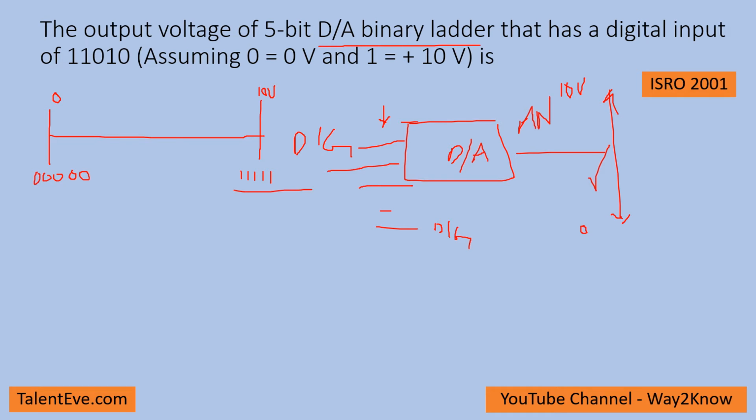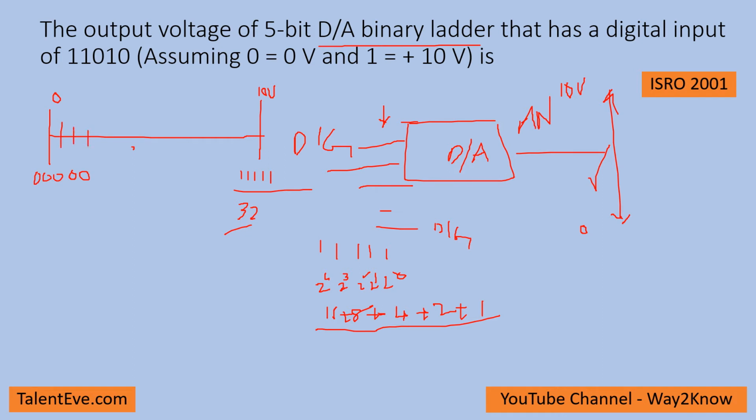If you convert 11111 into decimal, 2 power 0, 2 power 1, 2 square, 2 cube, 2 power 4, that means 16 plus 8 plus 4 plus 2 plus 1, which is 31. Including 0, this will be 32 in total.